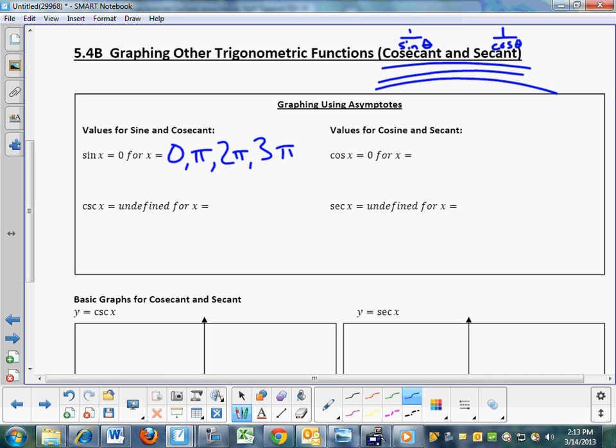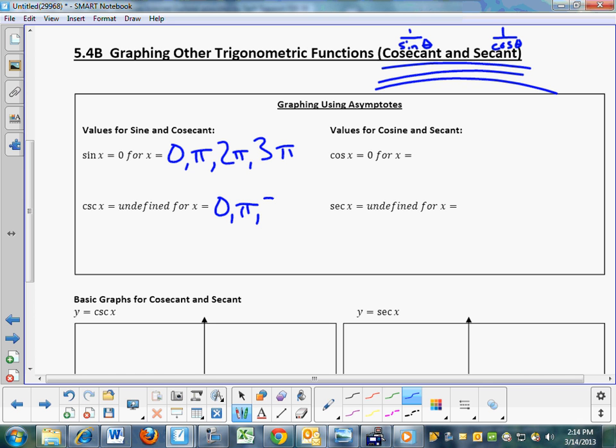Now, the reason why I'm interested in where sine is equal to 0 is this. What is the reciprocal of 0? Undefined. So these spots where sine is equal to 0 are where cosecant is undefined for x.